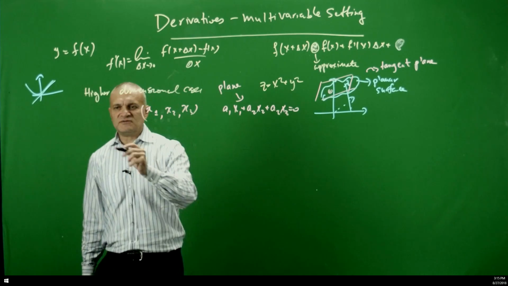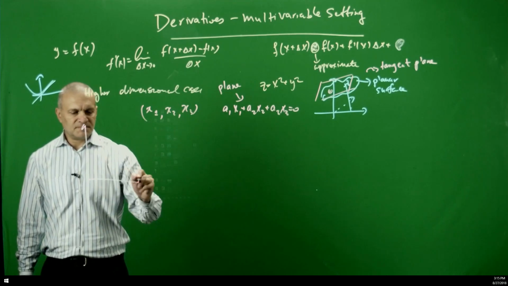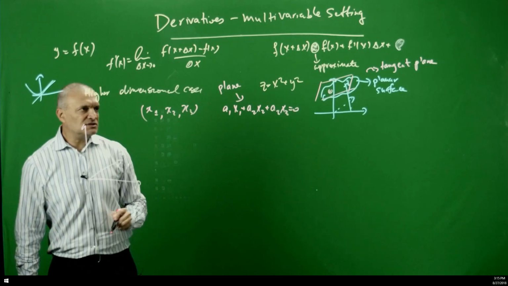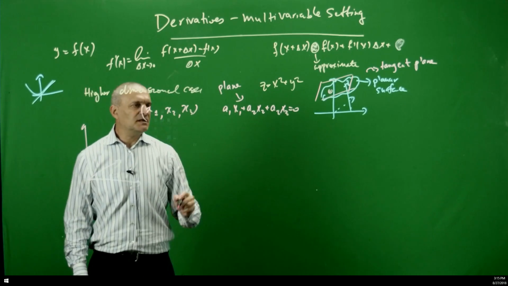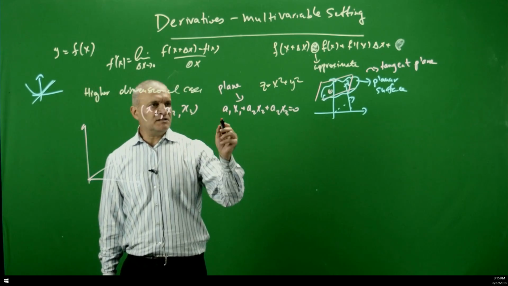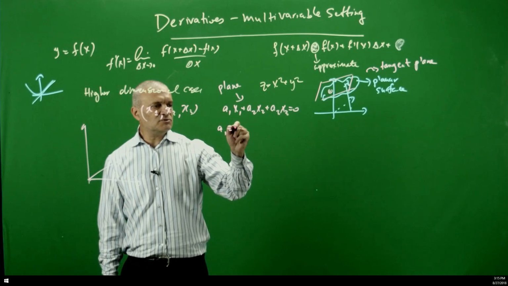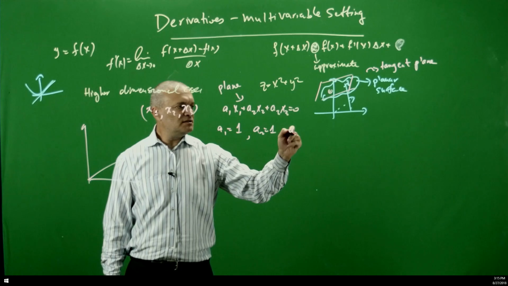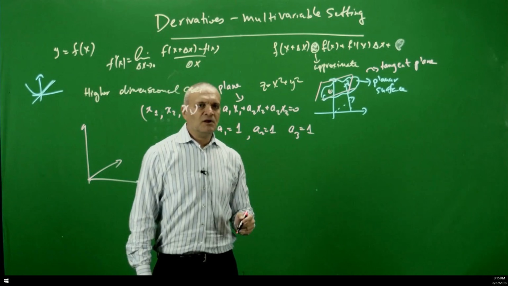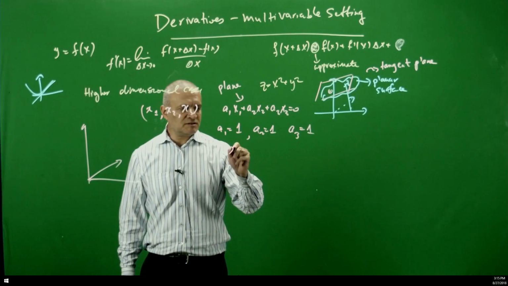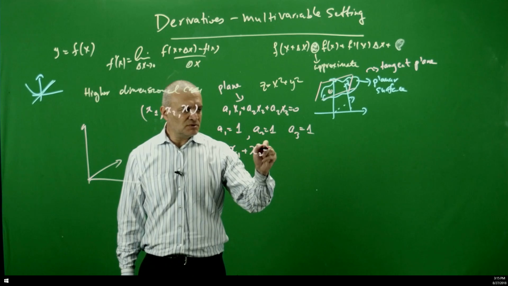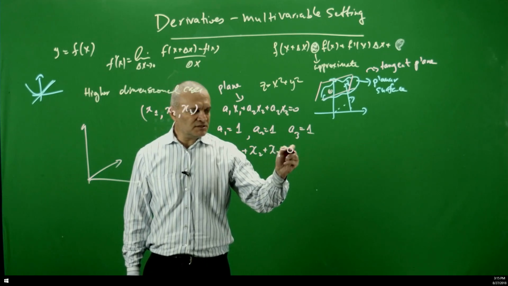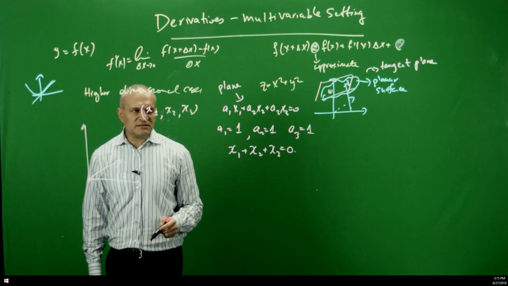Why is it an equation of a plane? For example, if I have a three-dimensional space, and let's say that a1 equals 1, a2 equals 1, and a3 equals 1, my equation is going to be x1 plus x2 plus x3 equals 0. So what is it going to be?